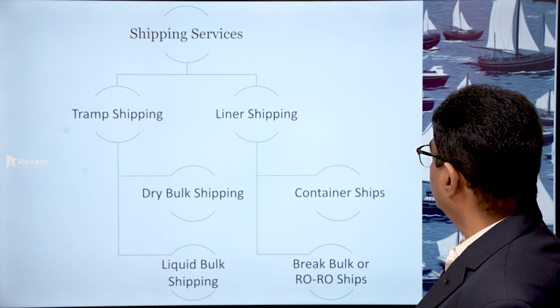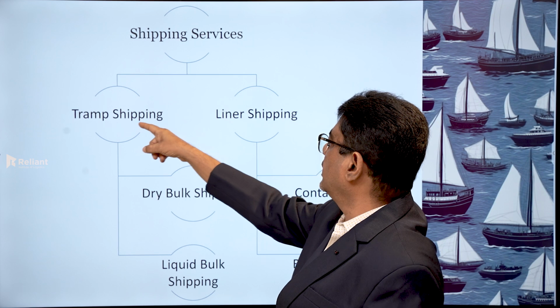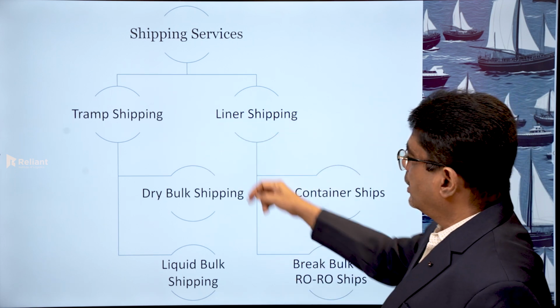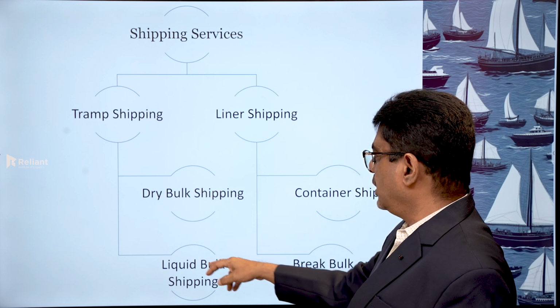So we can basically subdivide the shipping services into tramp shipping and liner shipping. Tramp shipping can be further divided into dry bulk shipping and liquid bulk shipping.